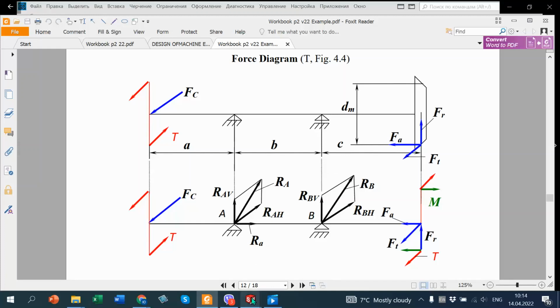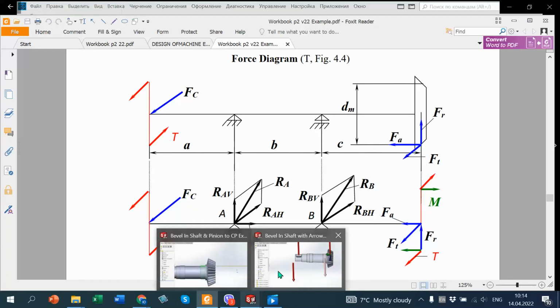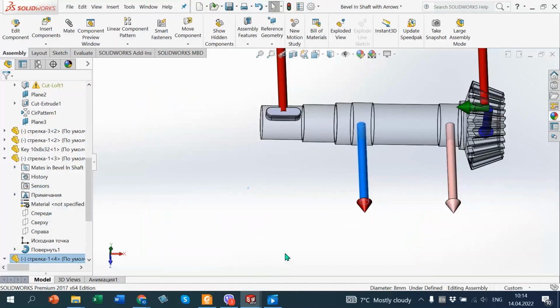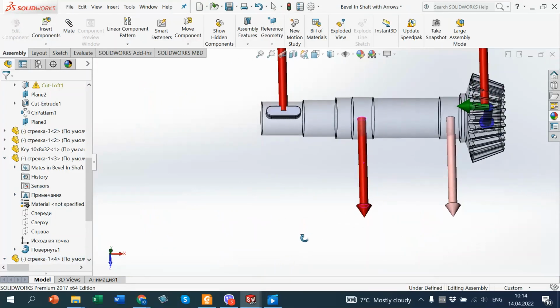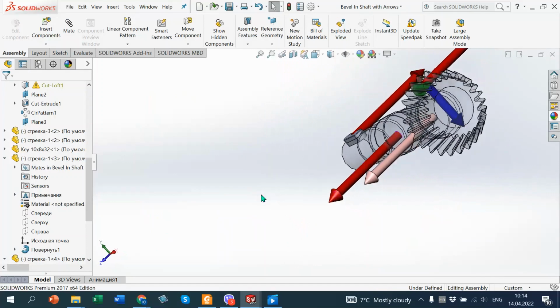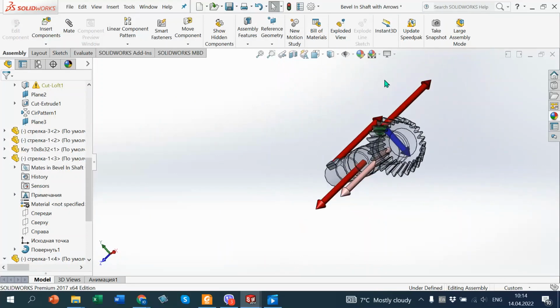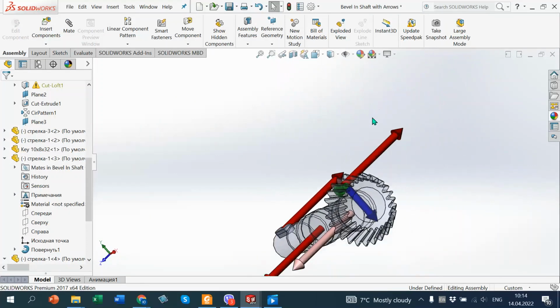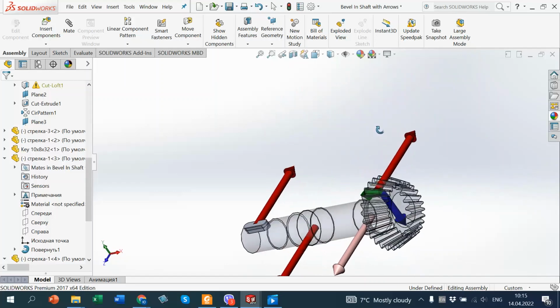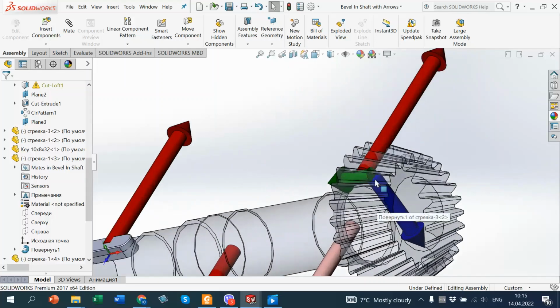If we consider this our shaft, and here we have a contact between pinion and gear.